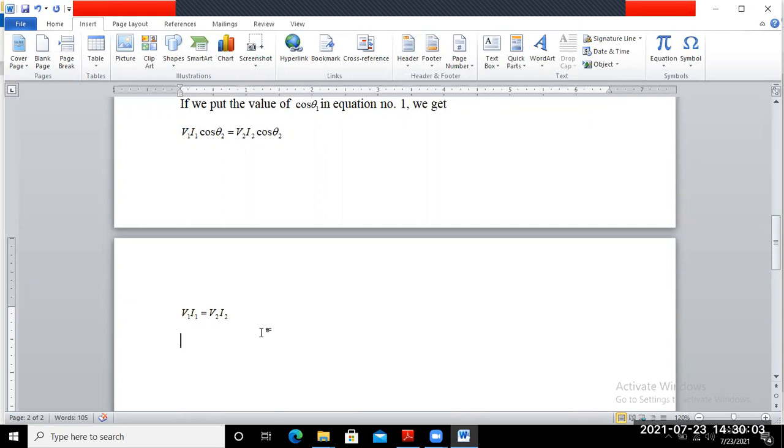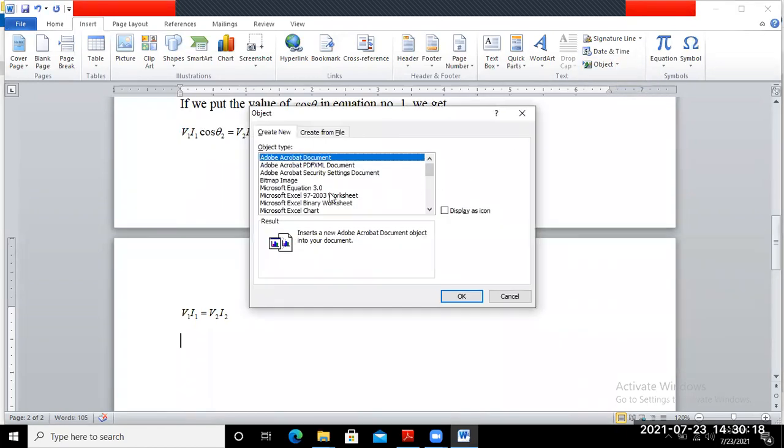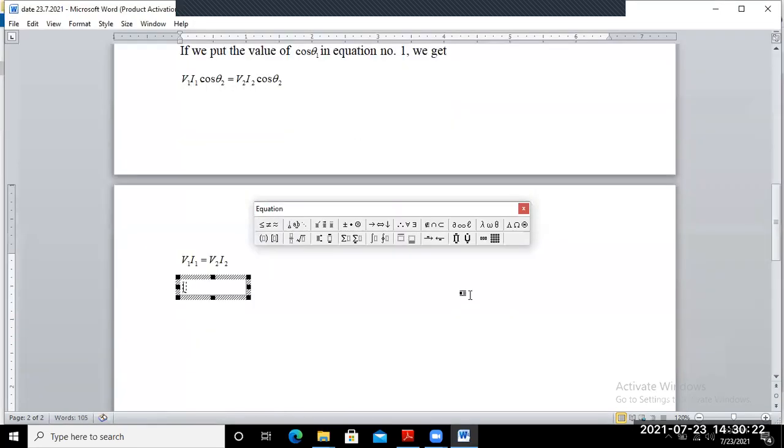So if we write V2 by V1 from here, it is equal to I1 by I2.